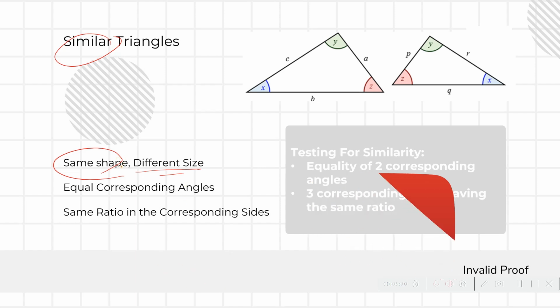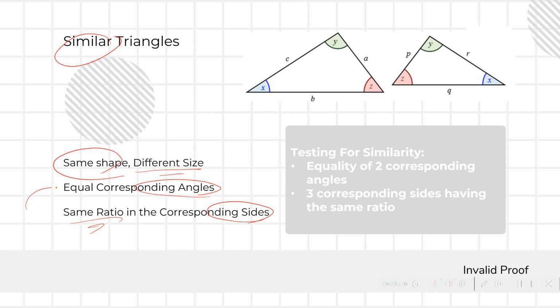But how are we going to use this? Similar triangles have the same corresponding angles, so their angles are the same, and this is more important: their corresponding sides have the same ratio. They are not exactly the same, but they have the same ratio.